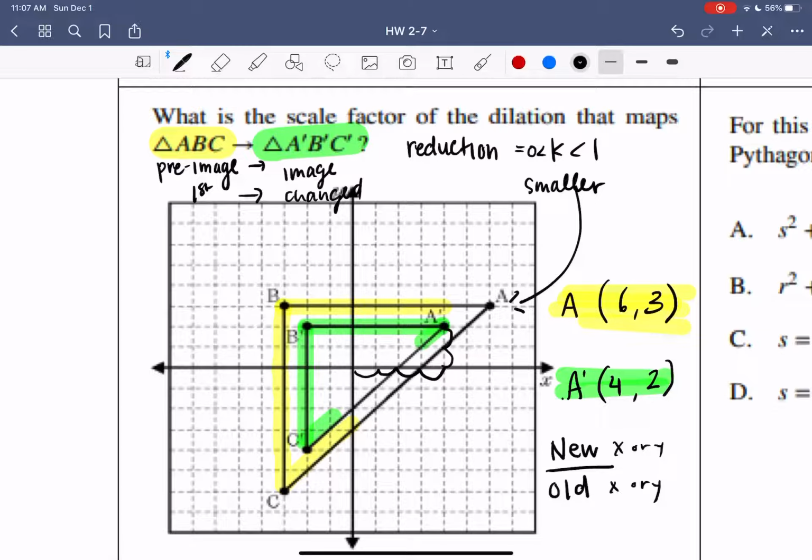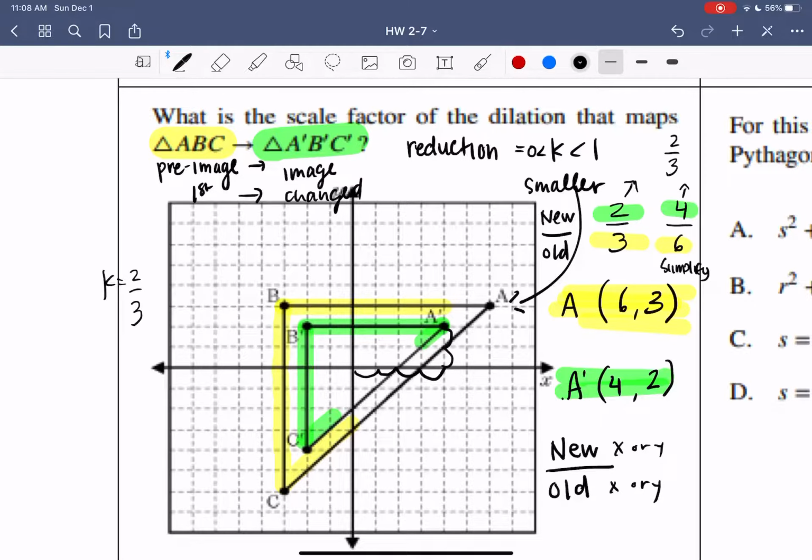So we're going to have 2 over 3, because we have new over old, and 4 over 6. Again, we have new over old. So once we simplify, this one is 2/3, whereas this one, if we simplify, also reduces to 2/3. So our K equals 2/3.